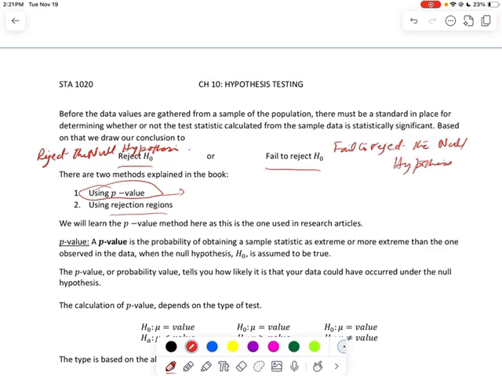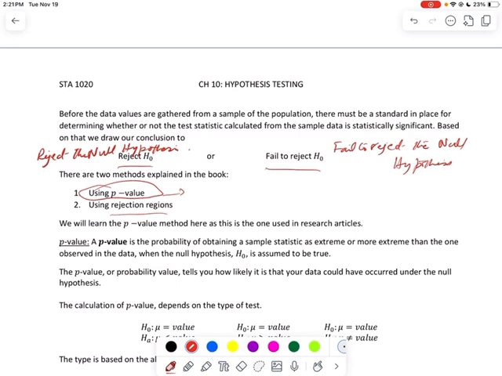Online you definitely don't want to lose points, and in the exam we expect only that you know the p-value method. Another reason is that this is the most commonly used in hypothesis testing.